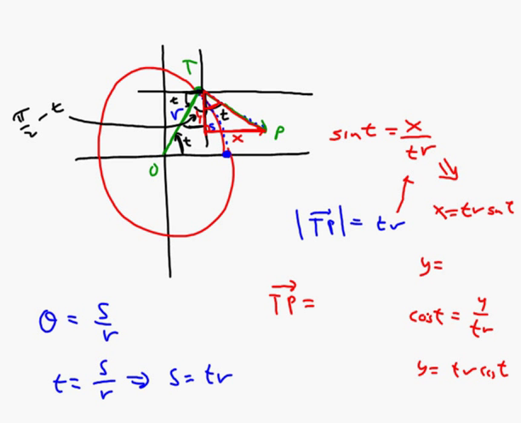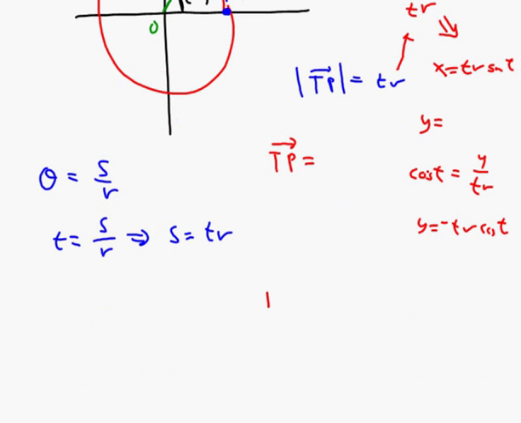But with one small thing we need to be careful about, we're moving in the negative direction, so there needs to be a negative here. Now you have vector TP. TP is the vector tr sine of t times i, minus tr cosine t j.